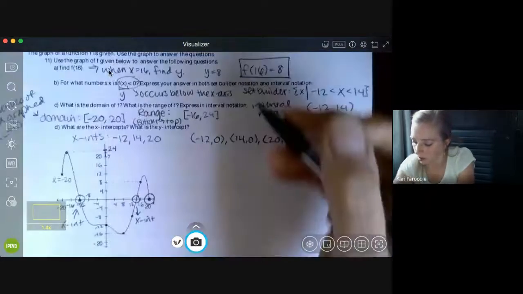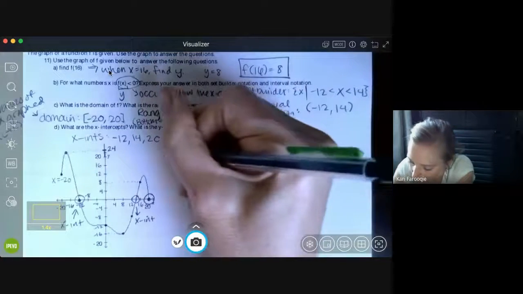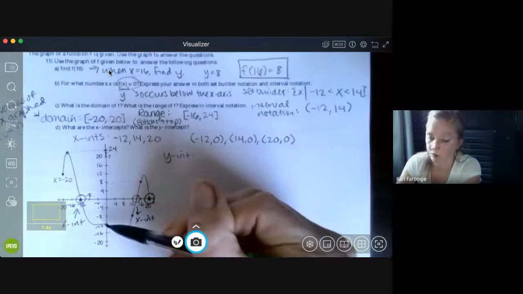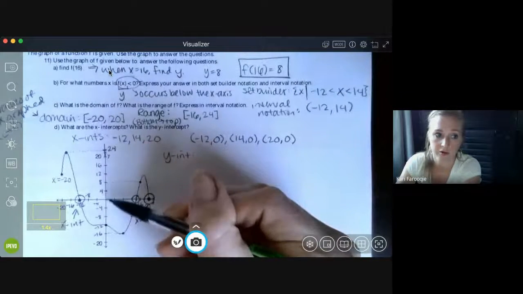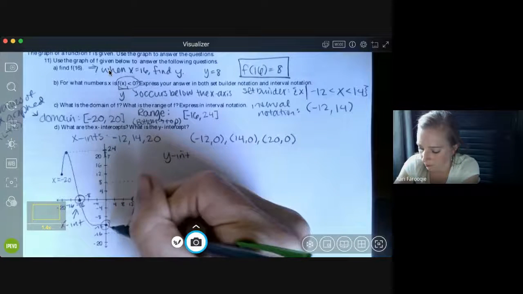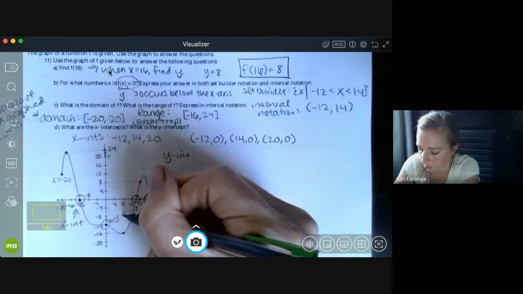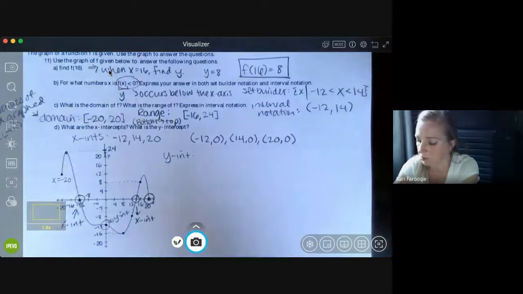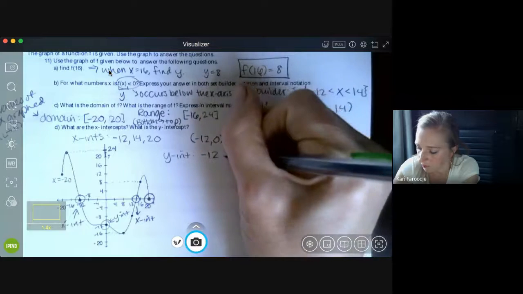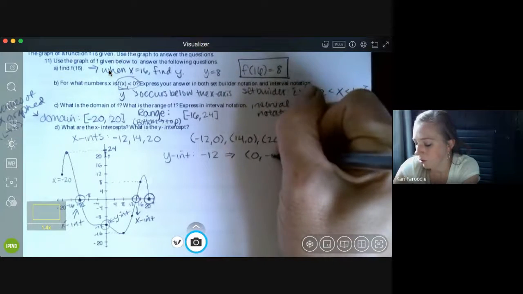So let's go ahead and list that out. Your y-intercept is the place where your graph crosses the y-axis. And we cross the y-axis right here at y equals -12. And that is your y-intercept. We can list that as an ordered pair, (0, -12).